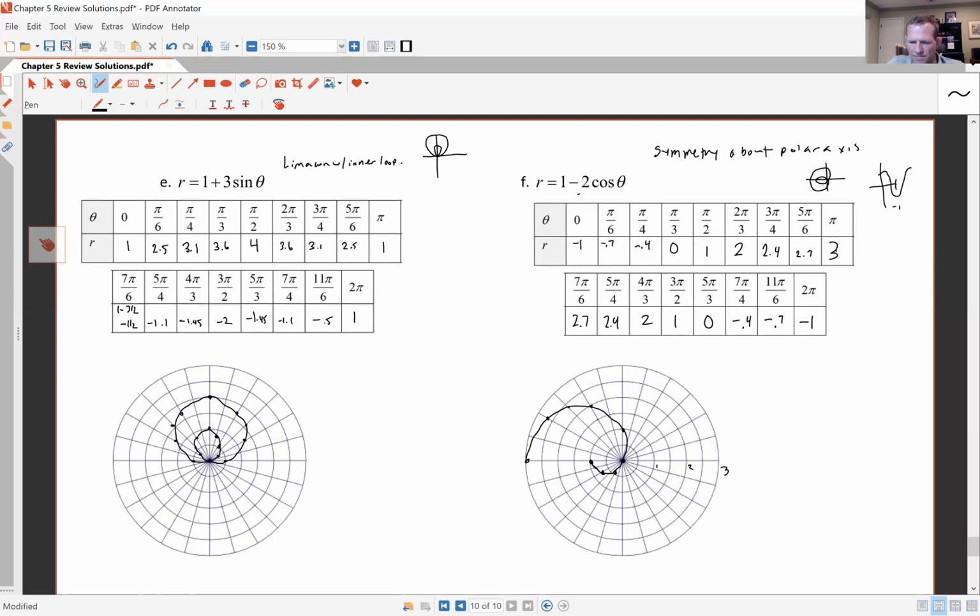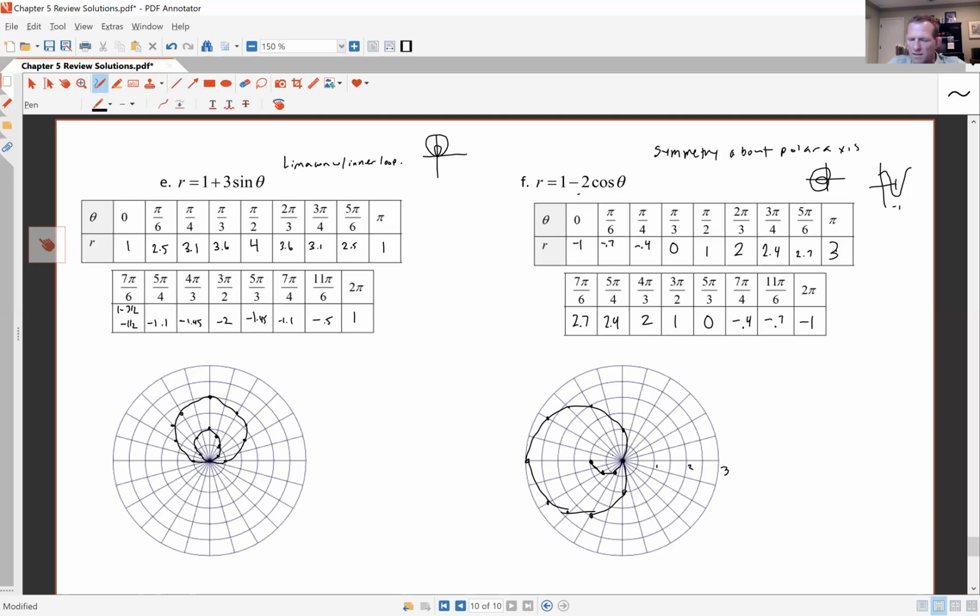Using symmetry, we can finish this graph off a little bit faster. And 3 pi over 2 being 1. From 1 to 0, it's going to stay positive in this region.